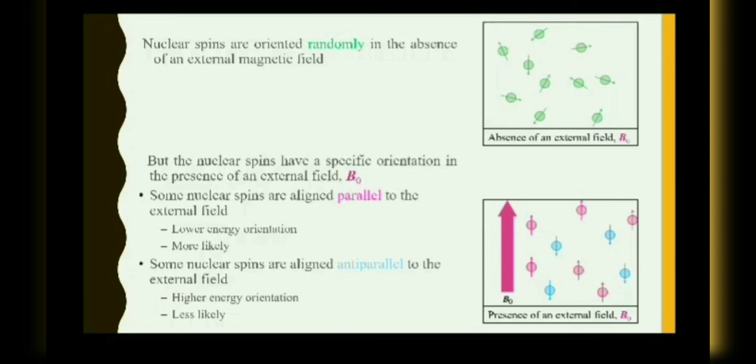That means more of the spins are going to be aligned parallel to the external field applied. The other nuclear spins that are aligned anti-parallel to the external field are those of higher energy orientation and they occur less likely. So the two spin alignments, parallel and anti-parallel, are attained on application of the external magnetic field.